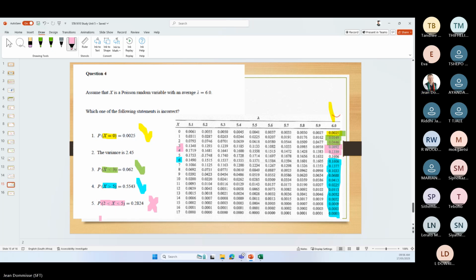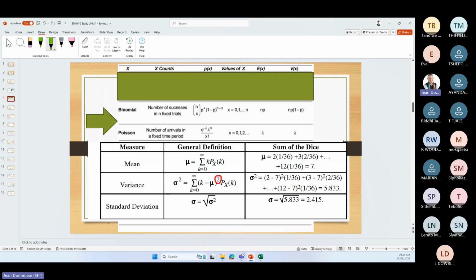So if you get this in the exam or in your assignments, again, just let me know, because that variance is also wrong. So when we look at Poisson, and we can go back to that original Poisson, your mean and your variance is exactly the same as the lambda.